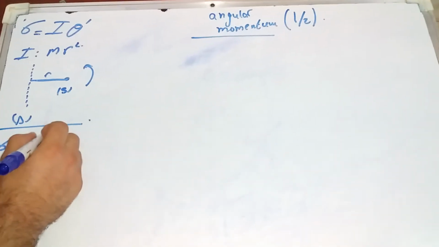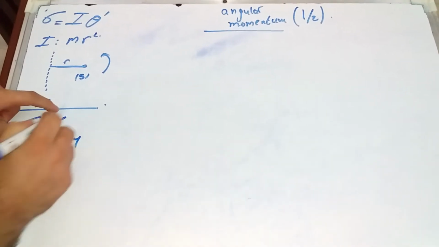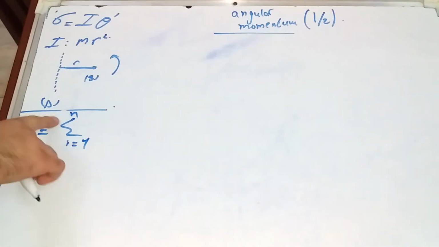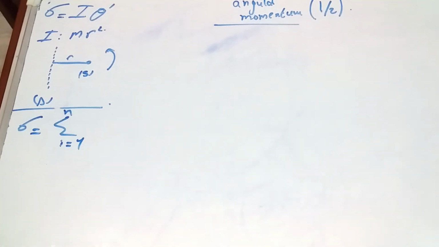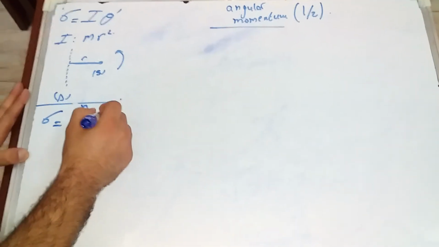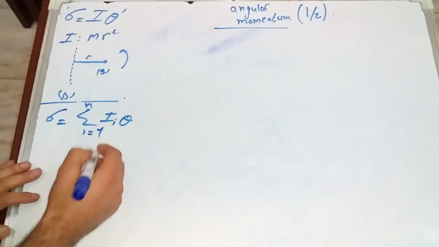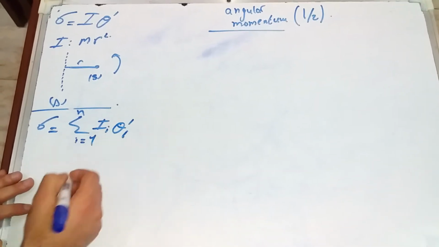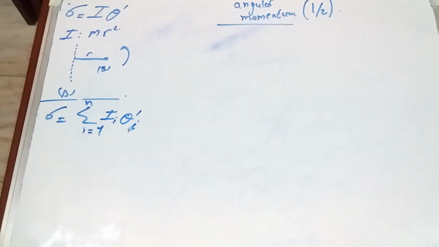So it will be the summation over I from 1 to n, where n is the total number of particles rotating around the axis delta. So it will be I, the inertia of each particle, multiplied by theta prime, the angular speed of each particle.